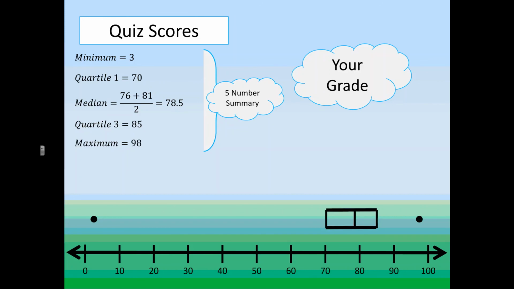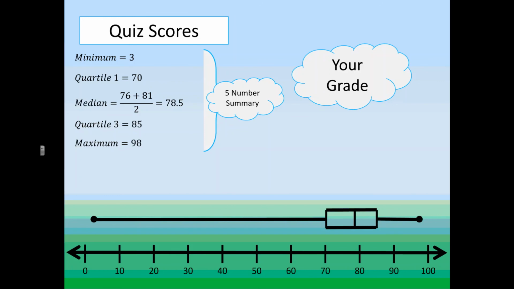They then attach to make a box. In this box is half of your grades. The middle half of your grades, where you're most likely to fall, is in that box. That is approximately where you are, where you live. However, you can go all the way down to 3 or all the way up to 98, depending on the day.